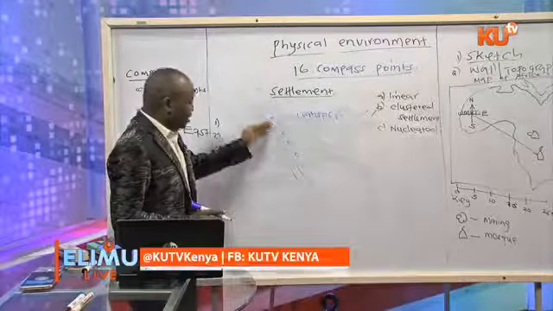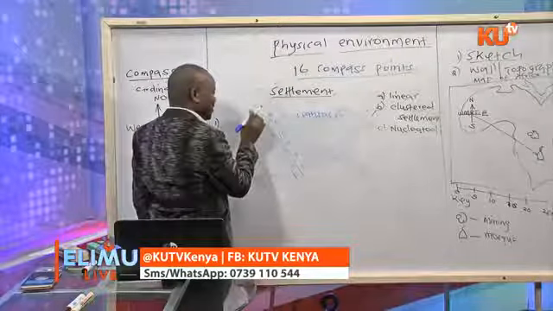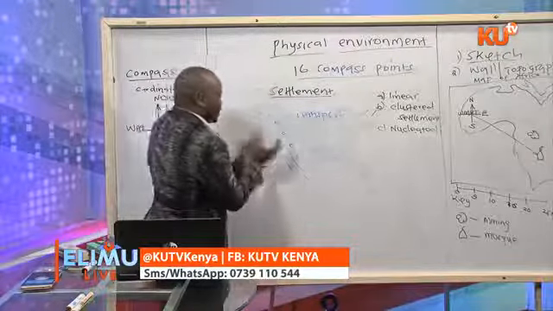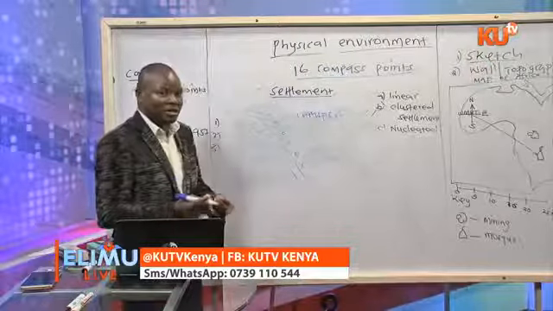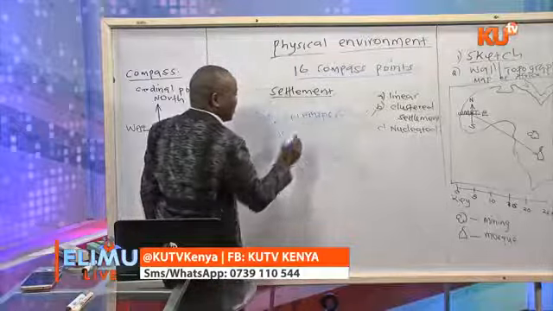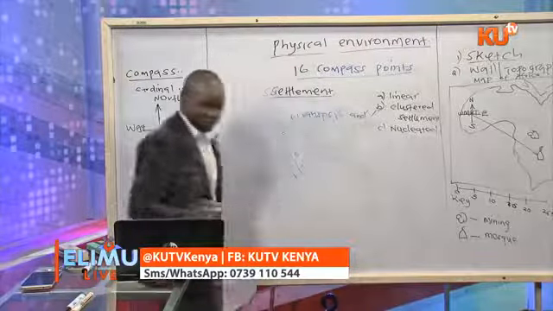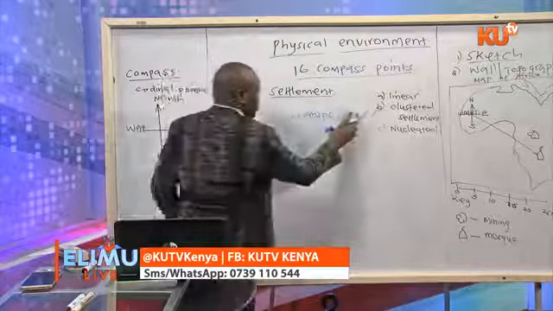Then, of course, there is communication going on. Transport and communication. When you transfer information from one point to another, it can be by means of road or by means of any other form. That one is going to be transport and communication.